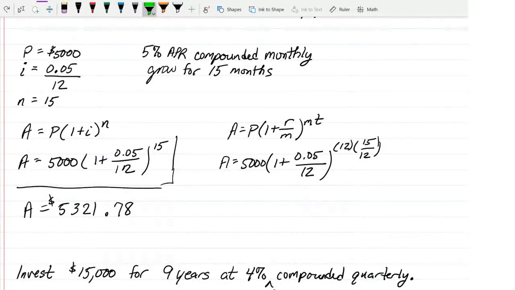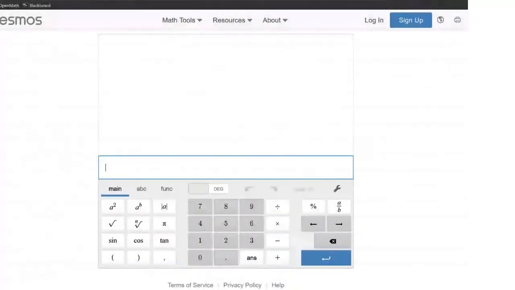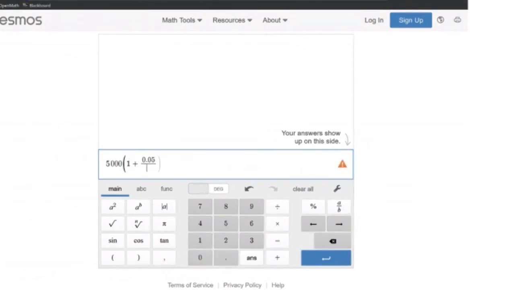So I needed to type in 5,000 times 1 plus 0.05 over 12, all raised to the 15th power. And I can do all that in Desmos. 5,000 times 1 plus 0.05. When I press the divide key, it makes it a fraction. That's awesome. Over 12.